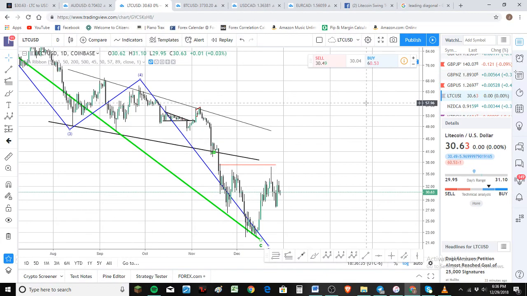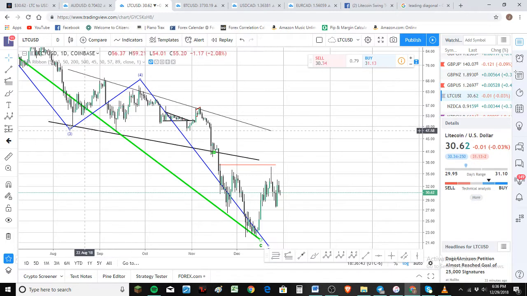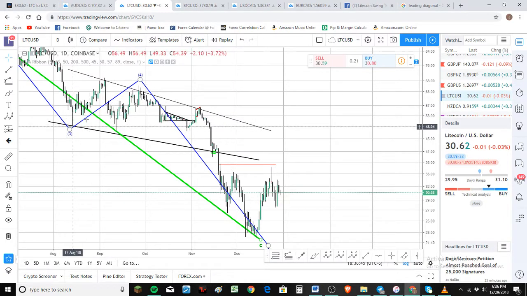Now, in a flat, it's really hard to count because when you have a flat, the B can come lower than the original, which happens right here, and the C doesn't have to finish. It could be a truncated C, so that's the way I'm counting this right now, which makes the count slightly difficult.